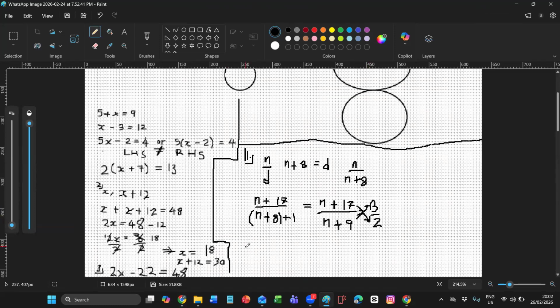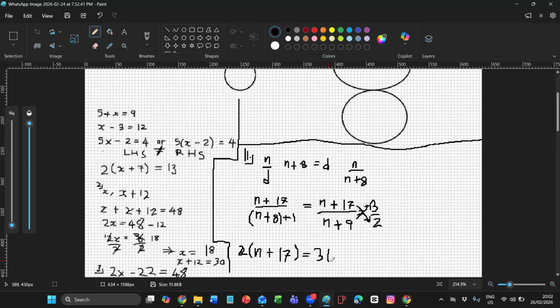So I have that 2 into n plus 17 is equal to 3 into n plus 9.